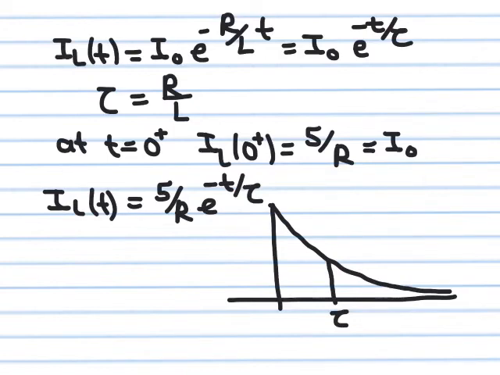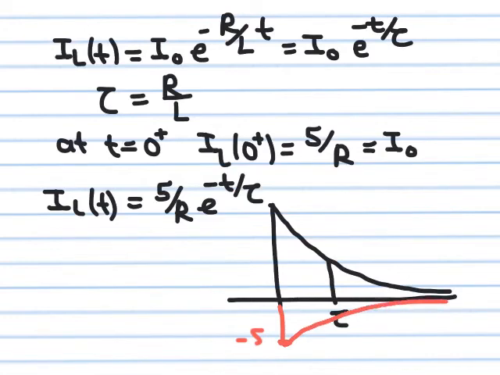Okay, what is happening to the voltage? I'm not showing it in this diagram. I'm going to draw it on the same diagram, but of course it's a different scale. It starts at time 0 with minus 5. And if you take into account that the voltage is the derivative of the current, so if you go back and differentiate this expression, VL is L dIL by dt. You differentiate this one and multiply it by L, and you will see that it starts with 5 and then gradually and slowly decays to 0.